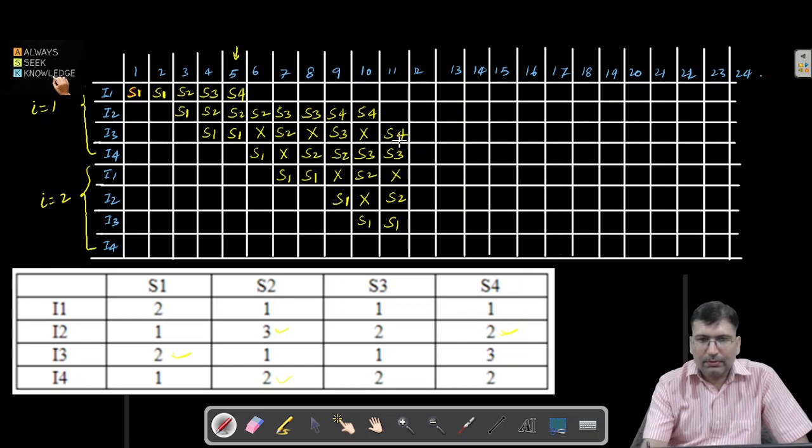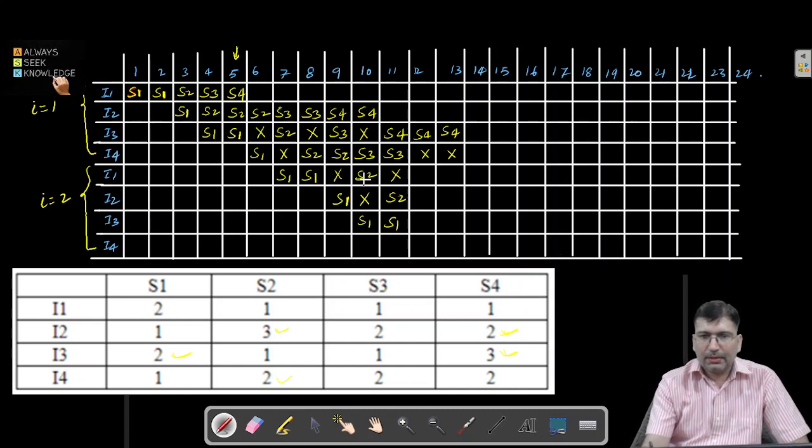In cycle 12, I3 will still be in S4, because I3 requires 3 machine cycles in S4. So I4 in S3 requires 2 cycles, but it cannot move to S4.